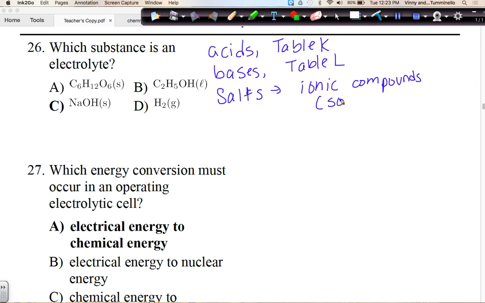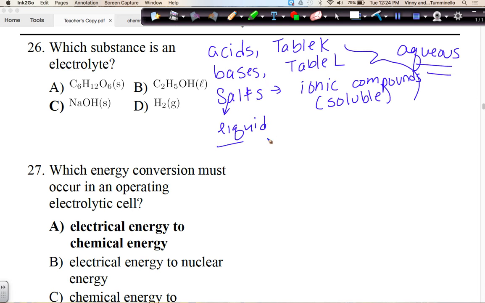If those ionic compounds are soluble, they can be electrolytes as well. The ionic salts, acids and bases would all have to be aqueous in order to be electrolytes, or the salts will also conduct electricity if they are liquids.